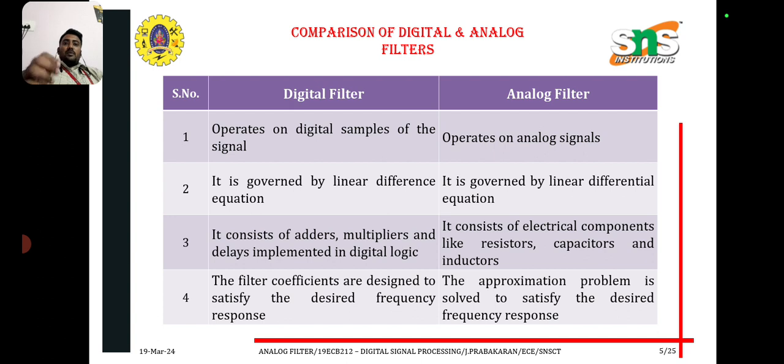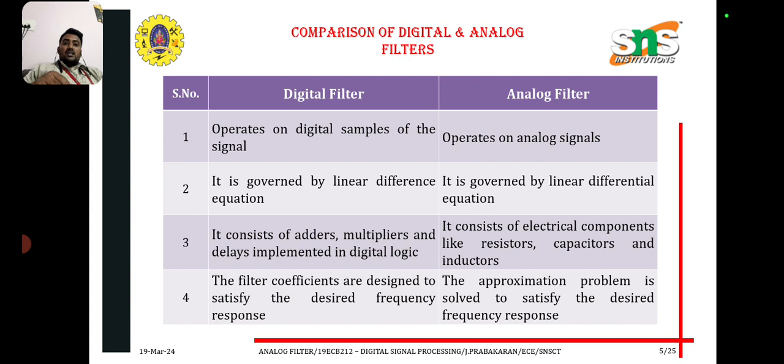Comparison of digital and analog filters. The digital filter operates on digital samples of the signal, whereas the analog filter operates on analog samples. The digital filter is governed by a linear difference equation, whereas the analog filter is governed by a linear differential equation.